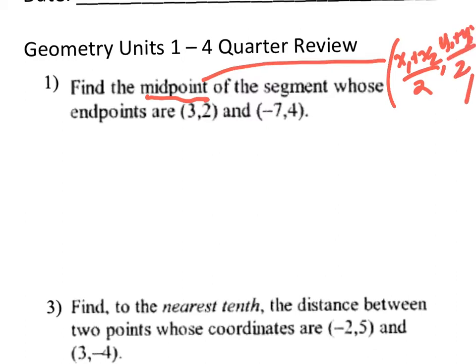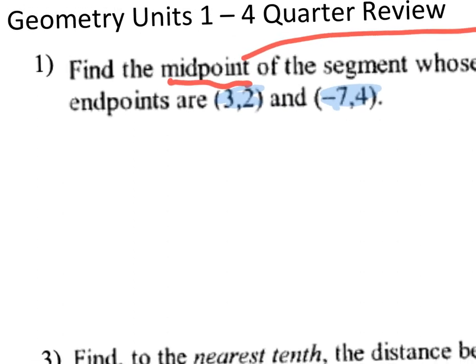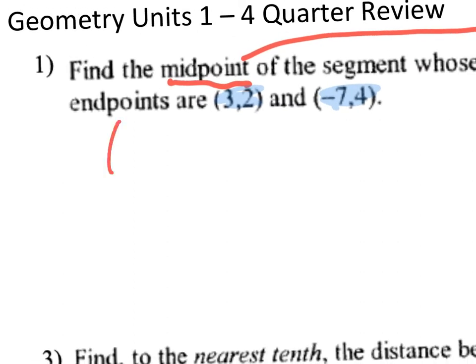So let's move on to what my endpoints are then. I'm actually given my endpoints, and my endpoints are, let me highlight this, 3, 2, -7, 4. So I can actually just substitute these values into my midpoint formula in order to figure out what my midpoint should be. So my midpoint formula, once again, is x1 plus x2 divided by 2, y1 plus y2 divided by 2.